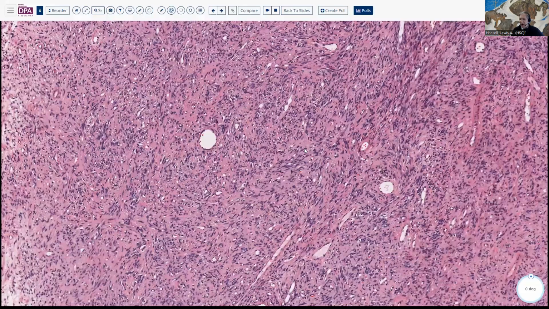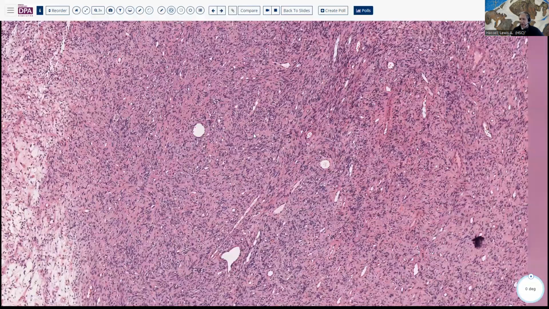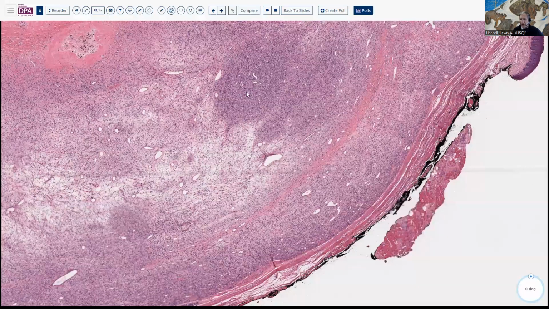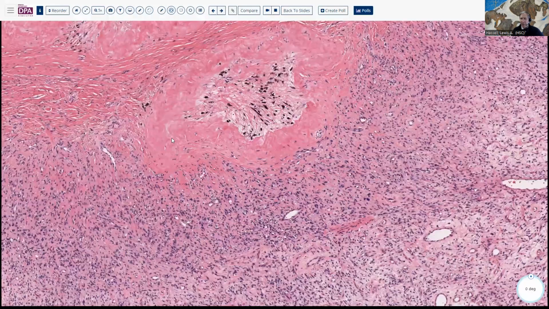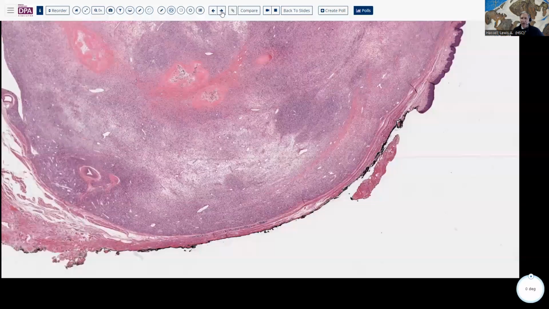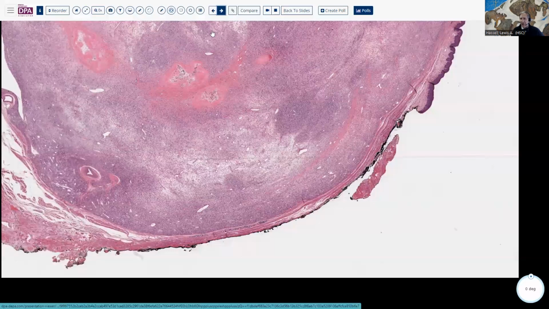Here's some more cellular areas, even with a degree of pleomorphism, as you can see here. So you could consider things like schwannomas or especially with this sort of less cellular, more cellular areas that you see here in the differential here. Looking at another example.